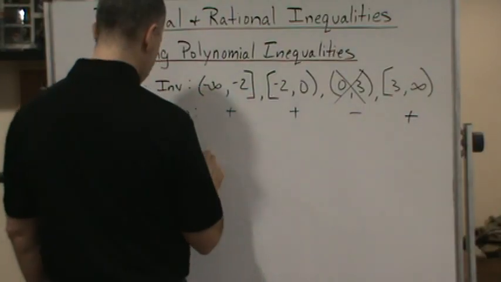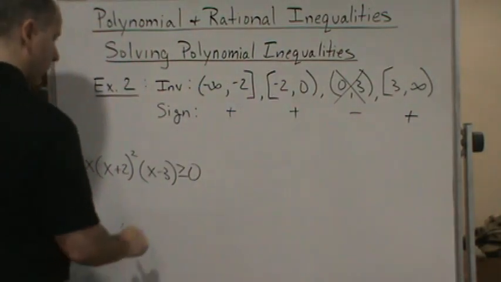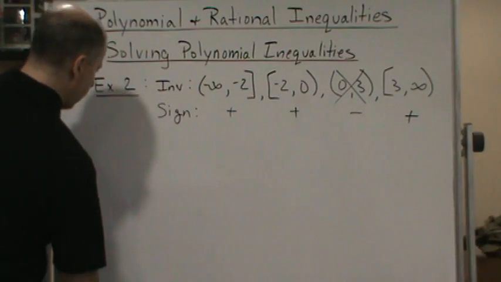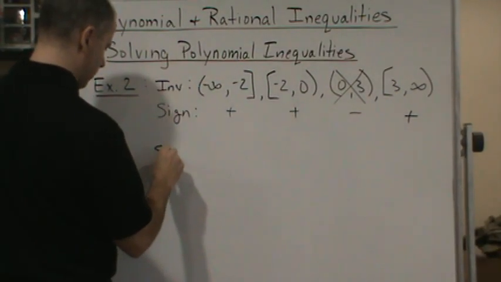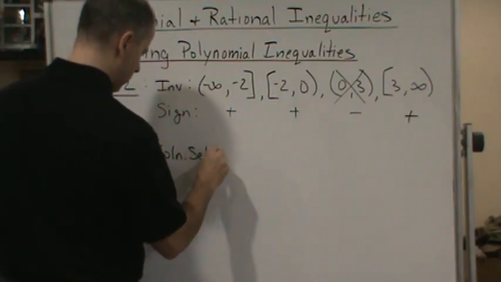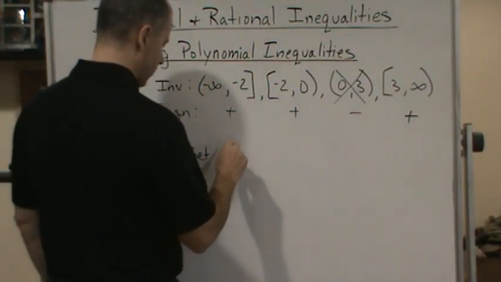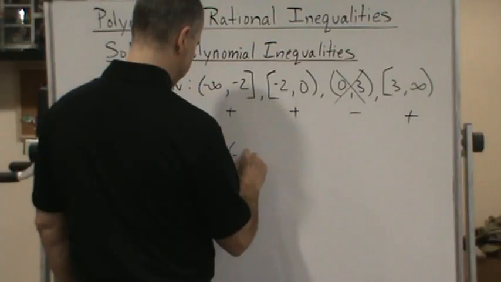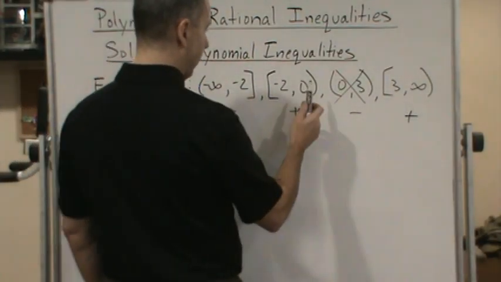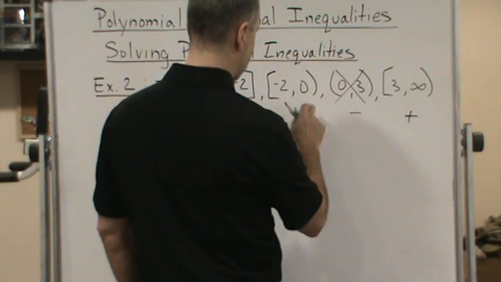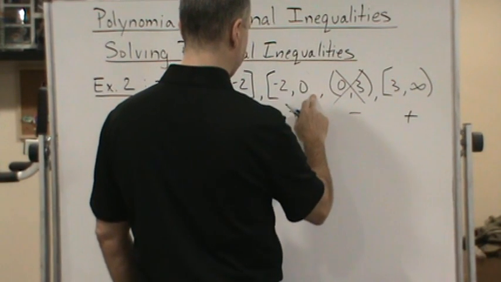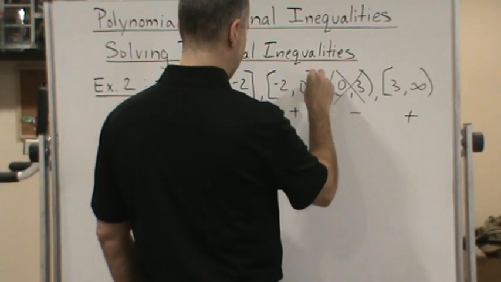So that means the solution to this inequality is going to be from negative infinity all the way to 0, because 0 is included.